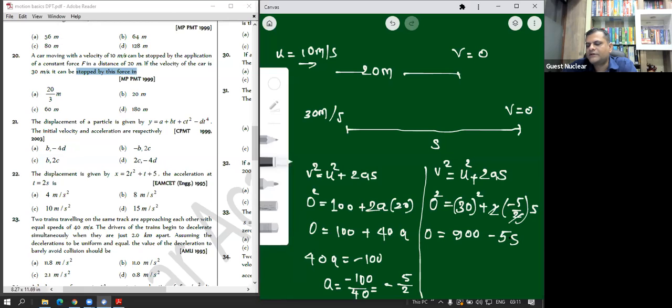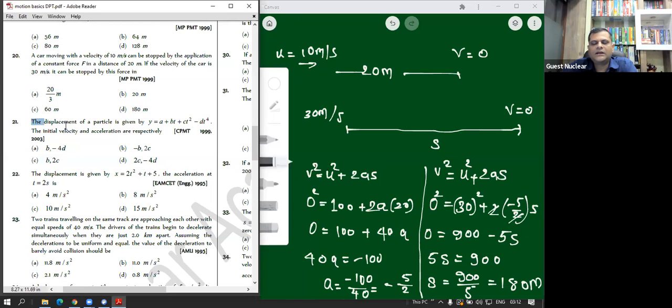So ये 5s, if we take this 5s in that side, then we get this 5s is equal to 900, which gives s is equal to 900 upon 5. And what is 900 upon 5? We know that it is going to be 5 ones are 5 and 5 8s are 40, तो 180 बनता है, 180. See here, so 180 meter, this is going to be the distance which the second time when the car is traveling with the velocity 30 meter per second, it will require 180 meters to travel before it stops, no doubt.